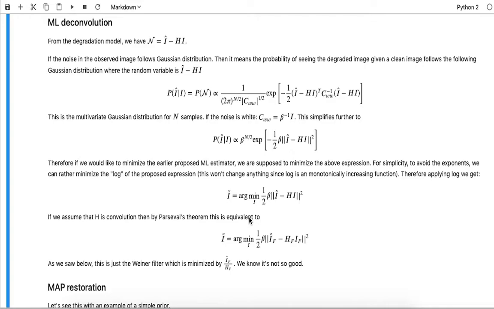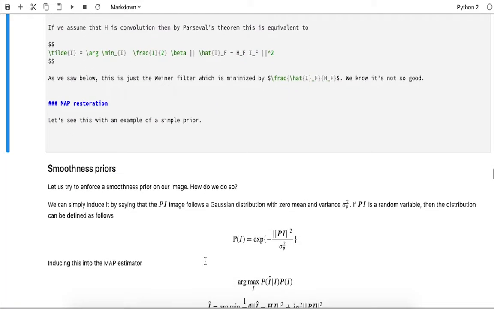With Parseval's equality, you know that you can just take everything to Fourier, and you will end up with something like this. IF is the Fourier transform of I, HF is the Fourier transform of H, and so on.